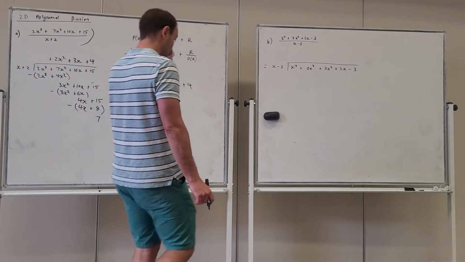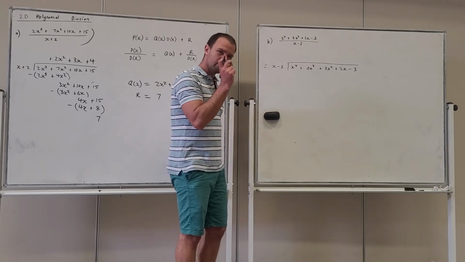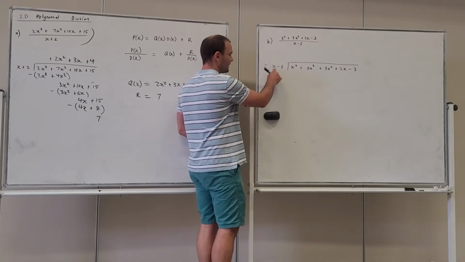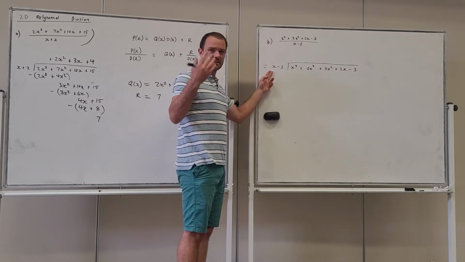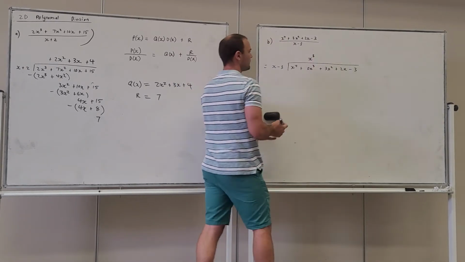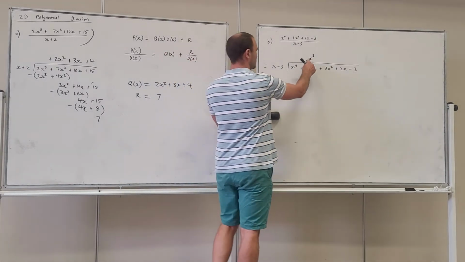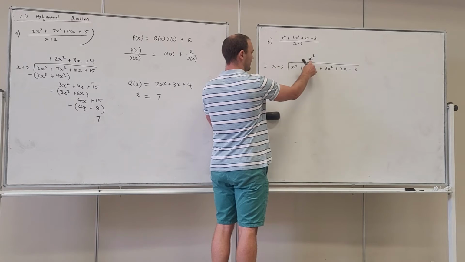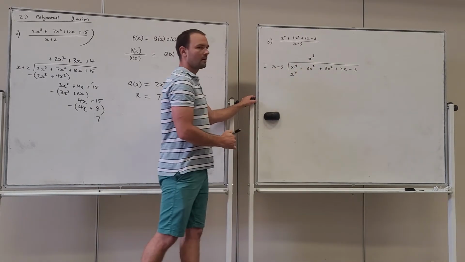So, let's multiply through. Our first question is, what do we multiply x by to get x to the power of 4? Right, the answer is x to the power of 3. So we're going to put x to the 3 there, and then we need to multiply that by both of these. X to the 3 times x gives you x to the 4.